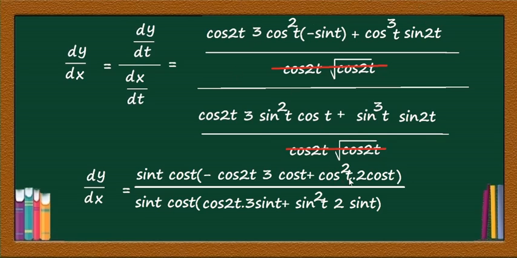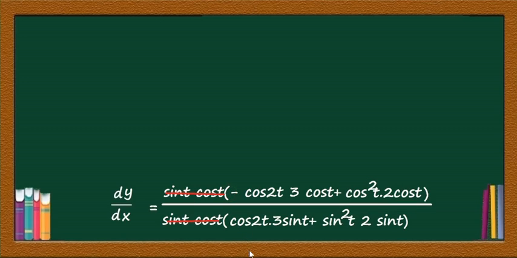Similarly, you can take sin t cos t common from the denominator: cos 2t into 3 sin t plus sin square t into 2 sin t, because sin 2t is 2 sin t cos t, and sin t cos t gets cancelled.